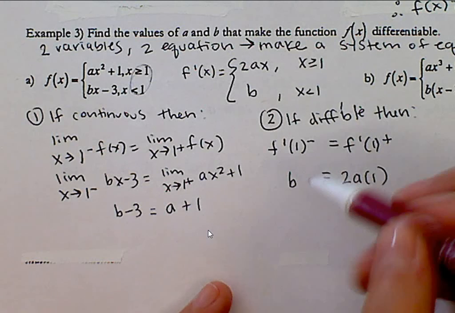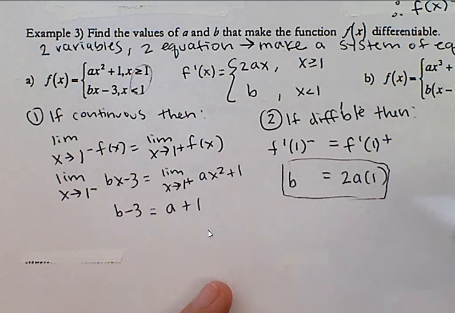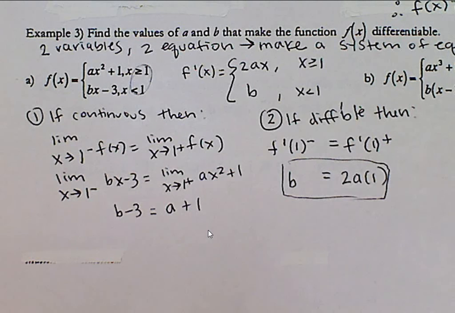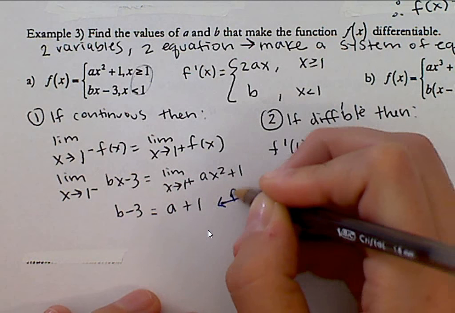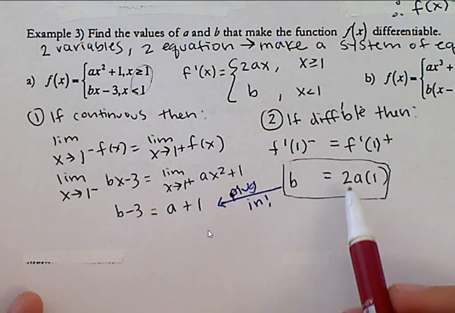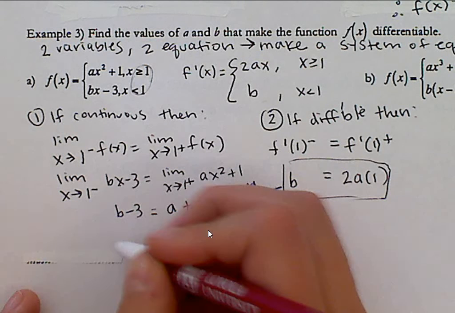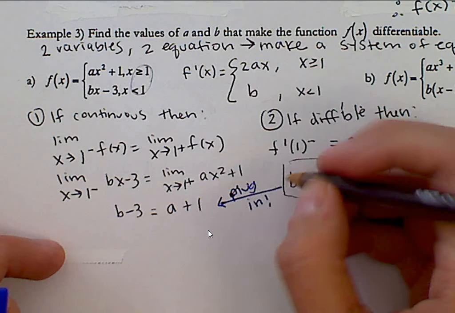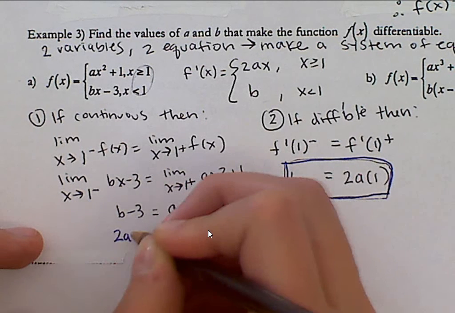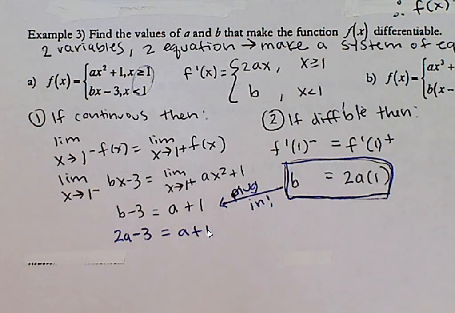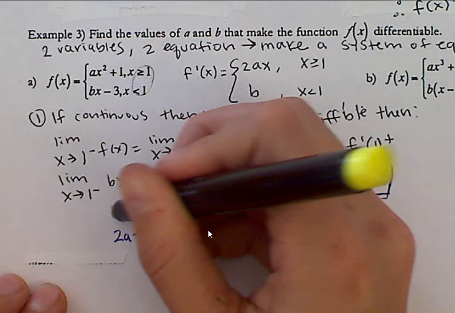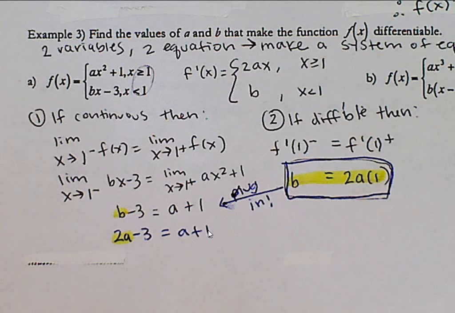So now I have this equality that I can plug in over here. So I have b equals 2a. That means instead of writing b, I'm color coding a little bit, I can write 2a minus 3 equals a plus 1. So this substituted in right there. That's how we do a system of equations.